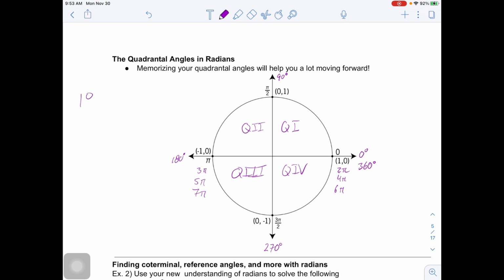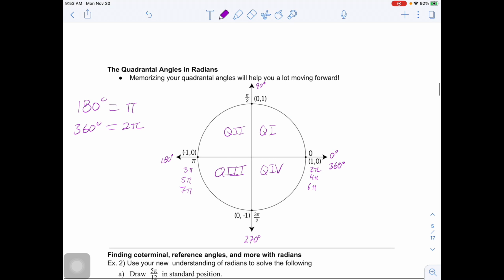Okay, so not only does 180 degrees equal pi, it's also useful to know that 360 degrees equals 2 pi. Okay, and we'll use this a lot more. Recognize these are useful to memorize, but later on we will learn a little bit of an easier method to memorize these things. But at the moment, it is best to just memorize them.